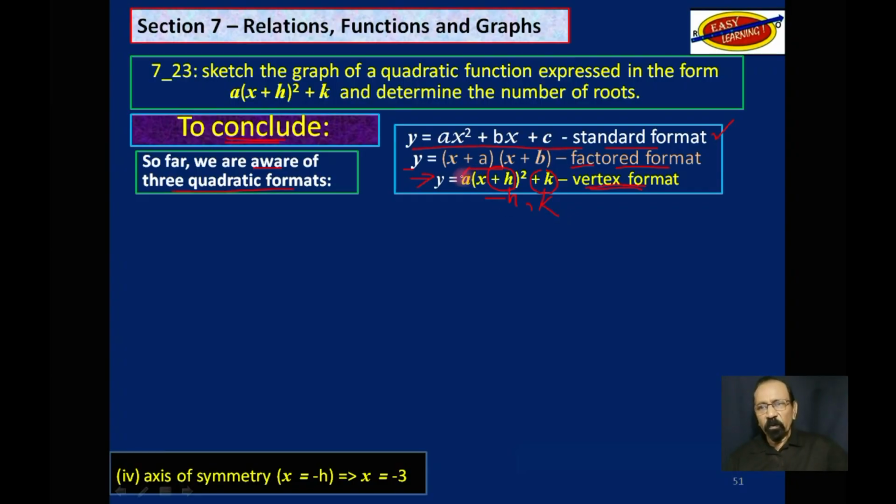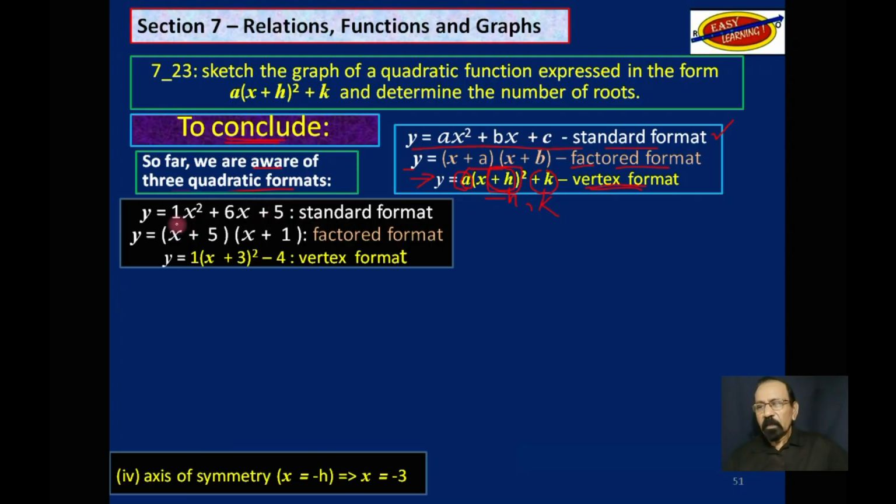You could even know whether that graph opens upwards, so it's minimum, or opens downwards, maximum. You could even know the axis of symmetry from that h, but it has to be -h. So that is the standard format, this is the factored format, and this is the vertex format. 3 ways of expressing the same equation.